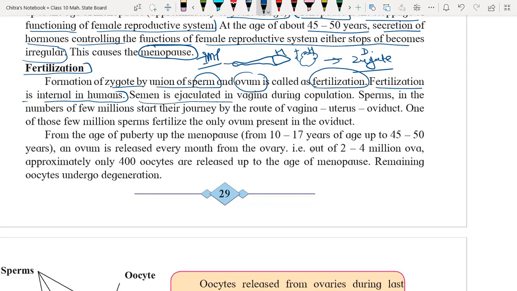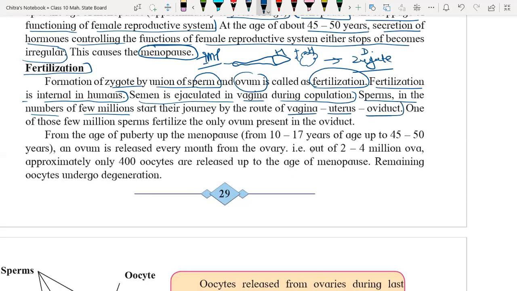Semen is ejaculated into the vagina during copulation, and during the ejaculation about a few million sperms are released into the vaginal cavity. They pass through the vagina, uterus, and oviduct.